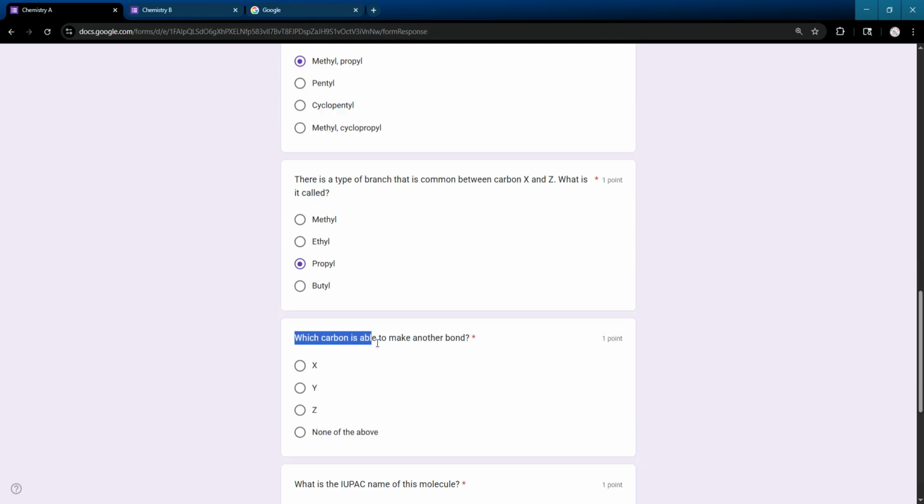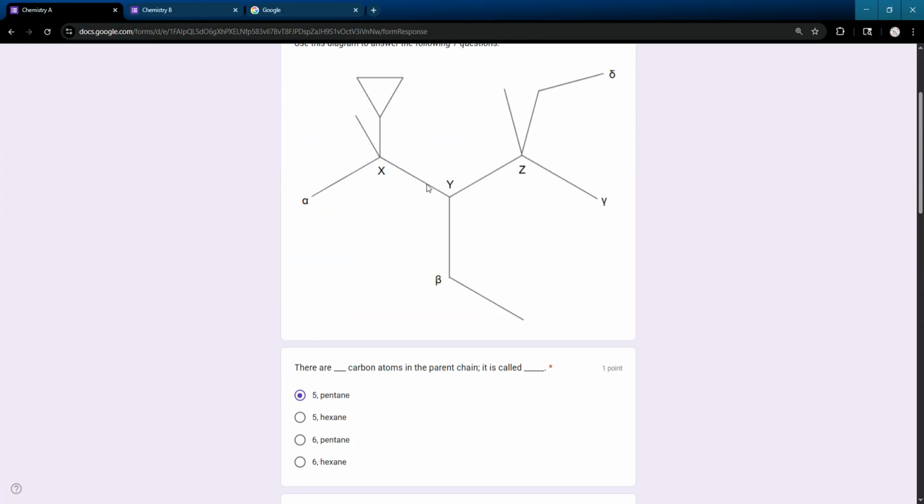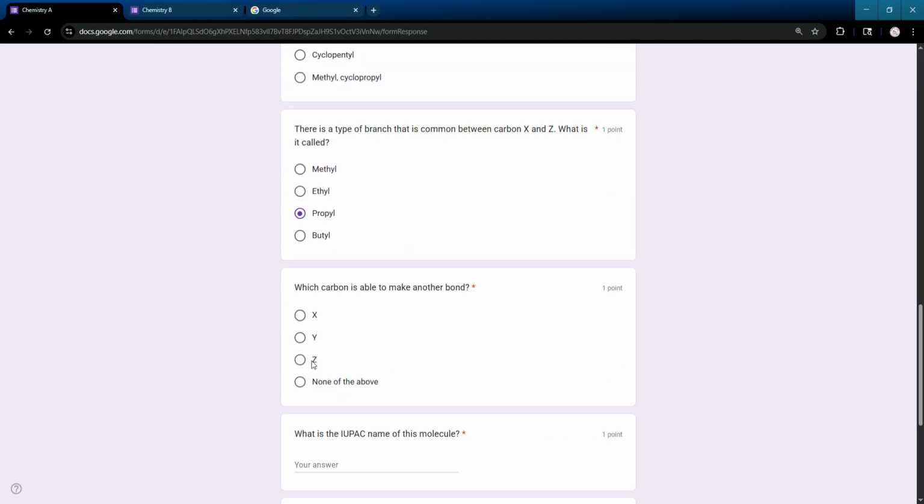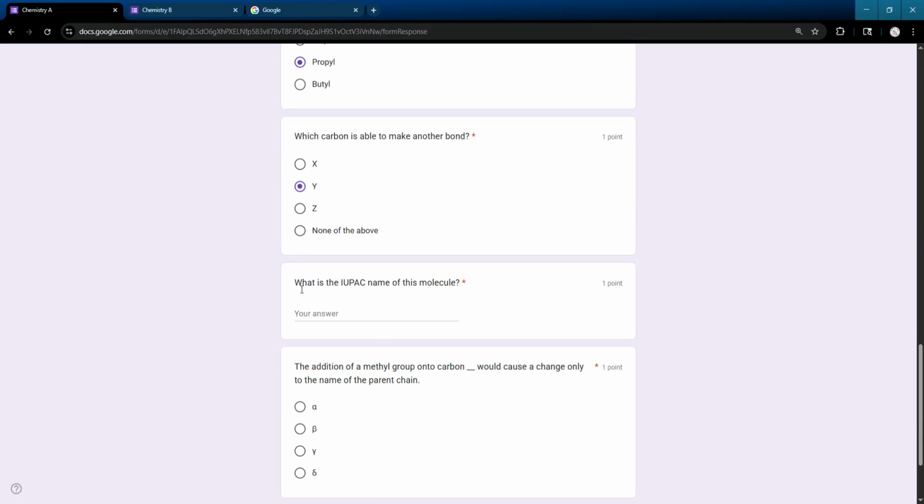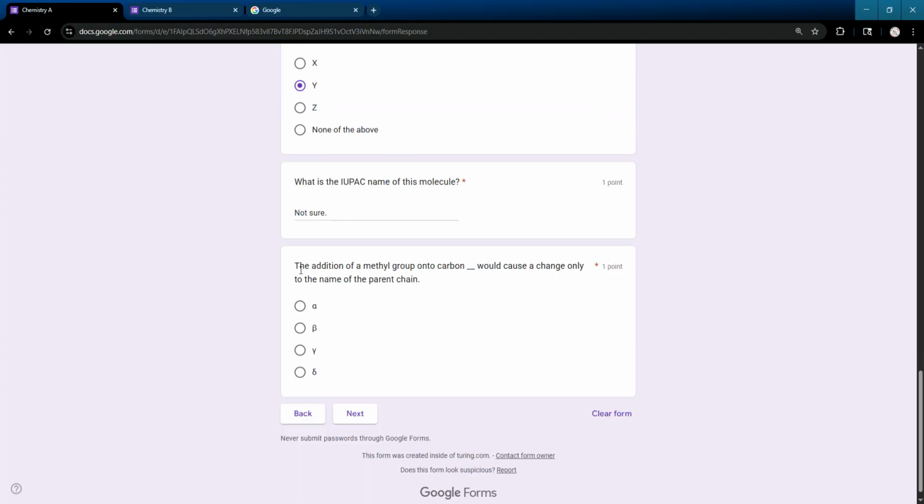Which carbon is able to make another bond? So I would say Y. What is the IUPAC name of this molecule? Not sure. The addition of a methyl group onto carbon what would cause a change only to the name of the parent chain?